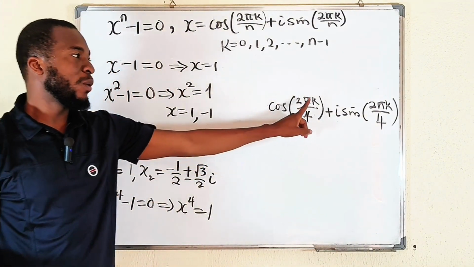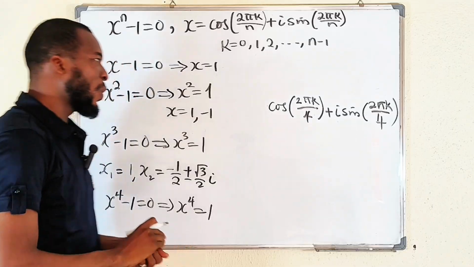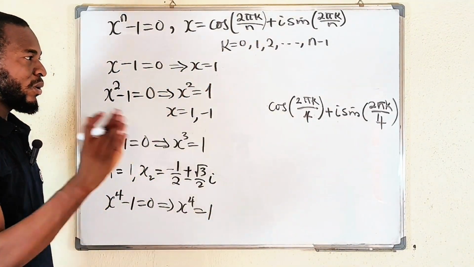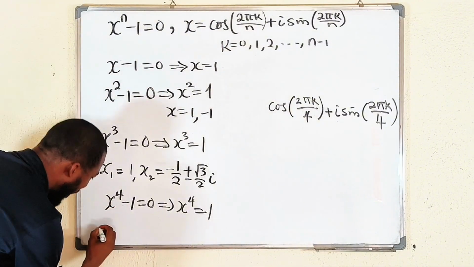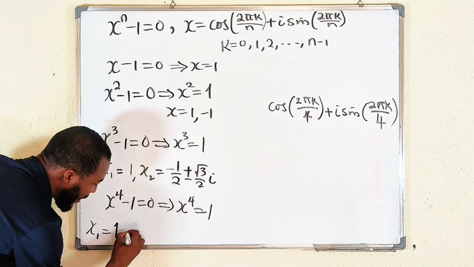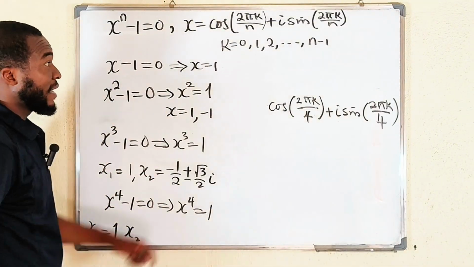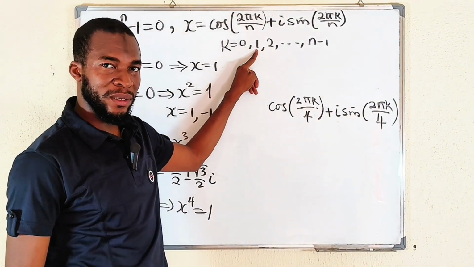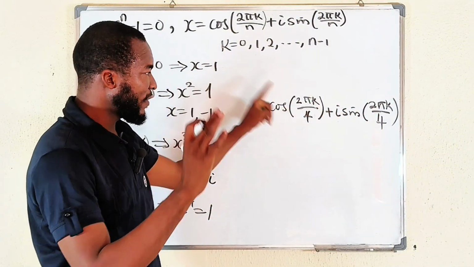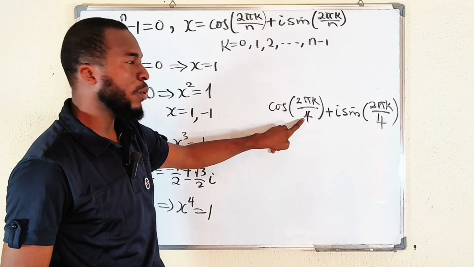We have no problem when k is 0, because this is definitely going to give us 1, because cosine of 0 is 1, sine of 0 is 0, 1 plus 0 is 1. So the first value of x is always 1. Then the second value of x is when k is 1, right? If k is 1, you can reduce it to the simplest form. 2 divided by 4 is 1 over 2.